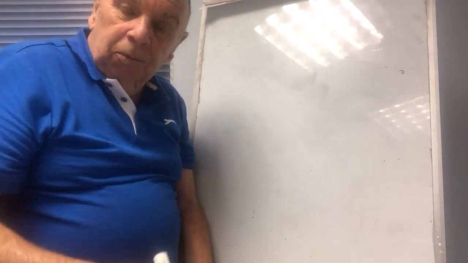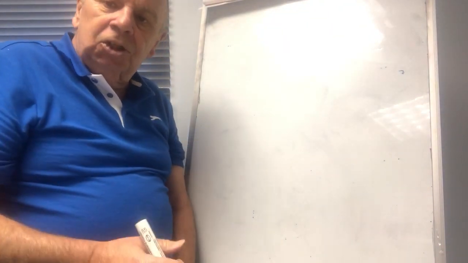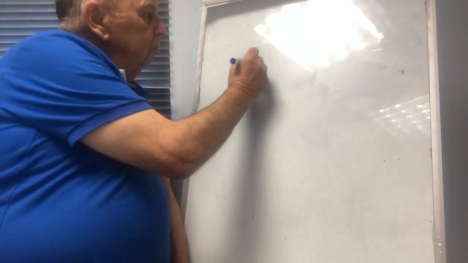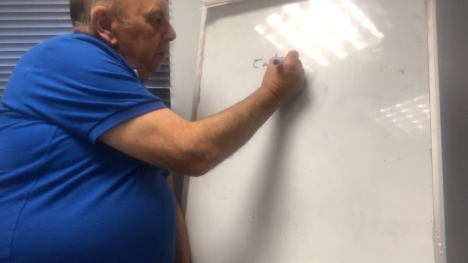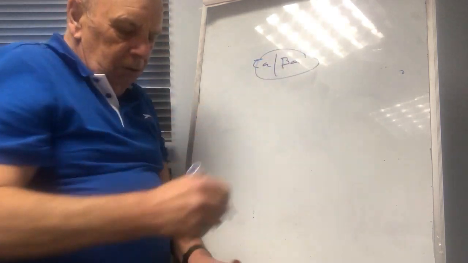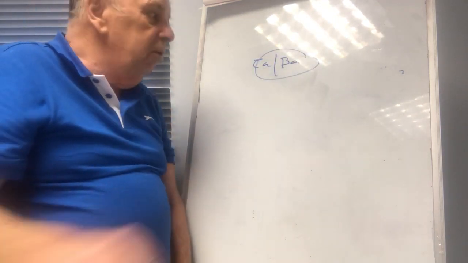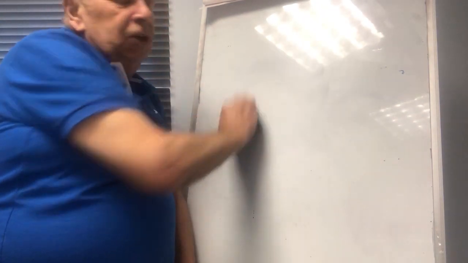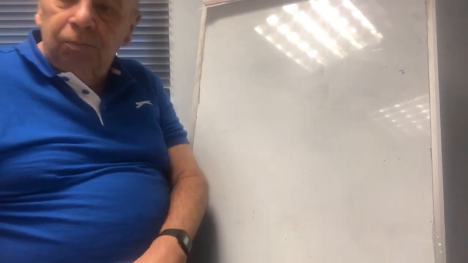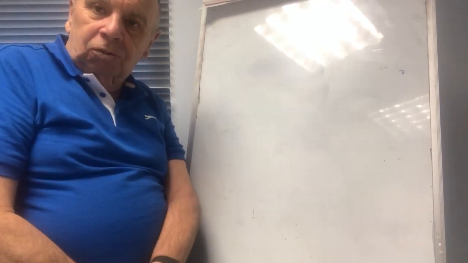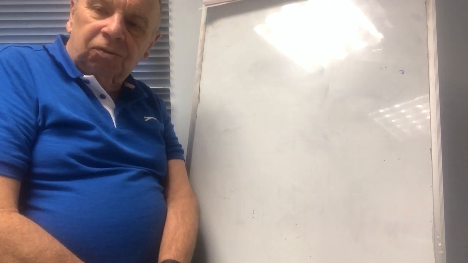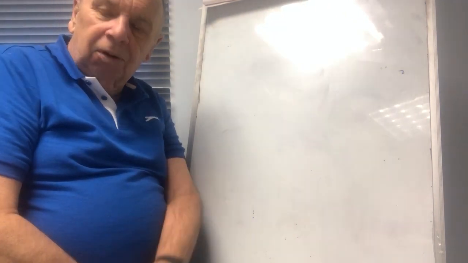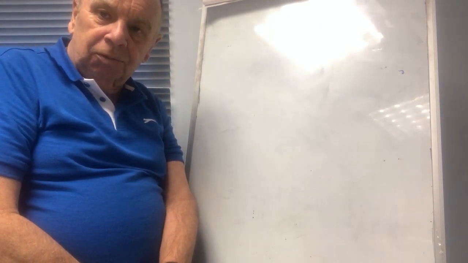Most sulfates are soluble, except for calcium and barium sulfates. Generally, what I'm trying to say is most salts, nitrates, chlorides and sulfates are soluble, but there are a few exceptions.